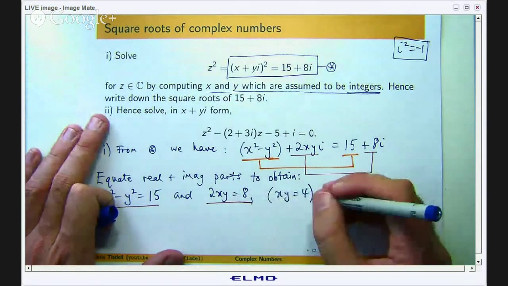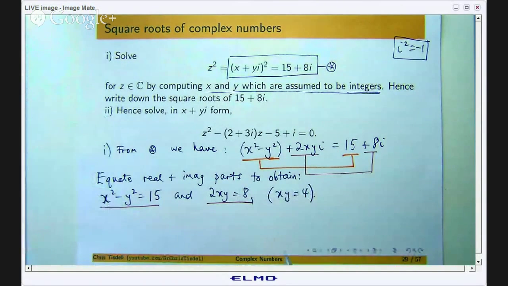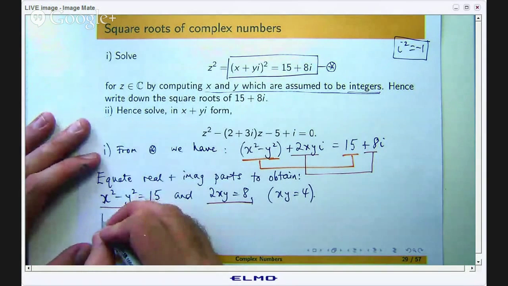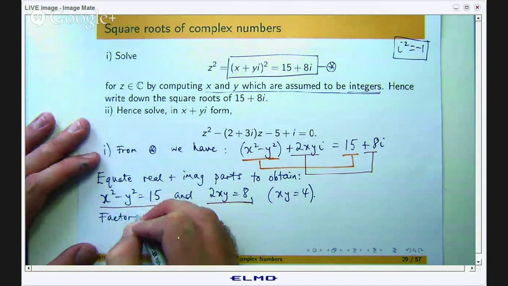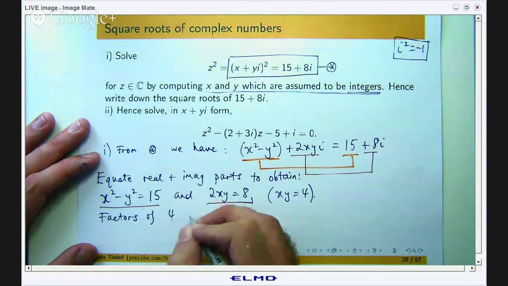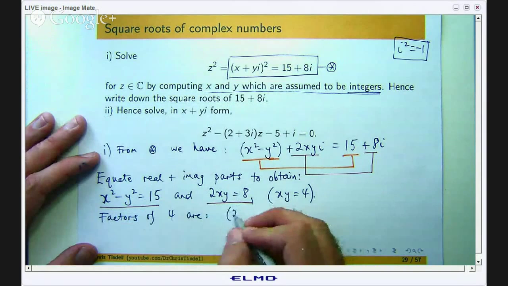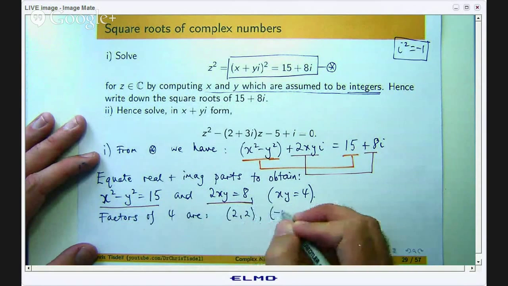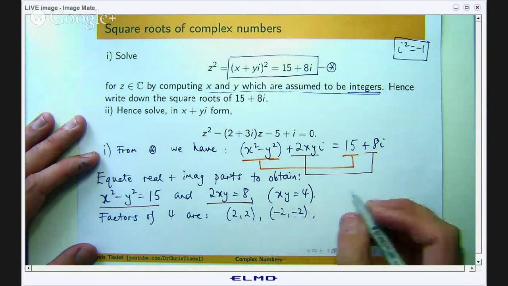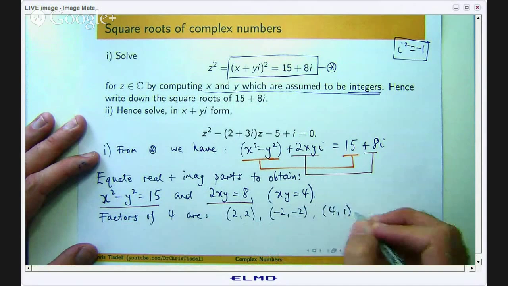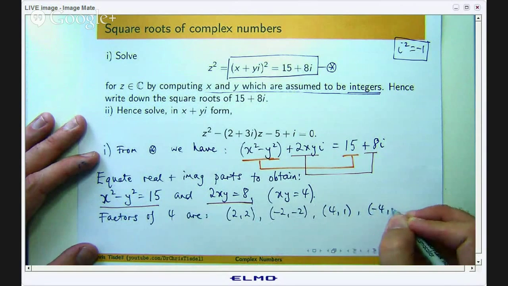And then I can come up with potential values for x and y just by looking at the factors of 4. Okay, so factors of 4 are the following. Let's say 2 and 2, -2 and -2, 4 and 1, and -4 and -1.